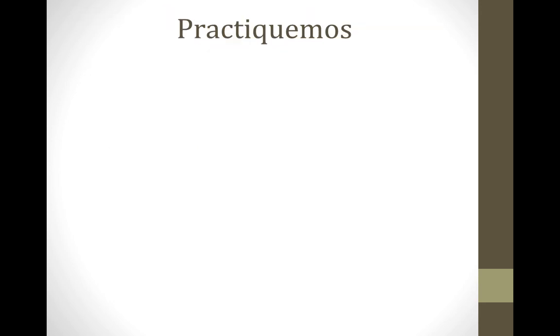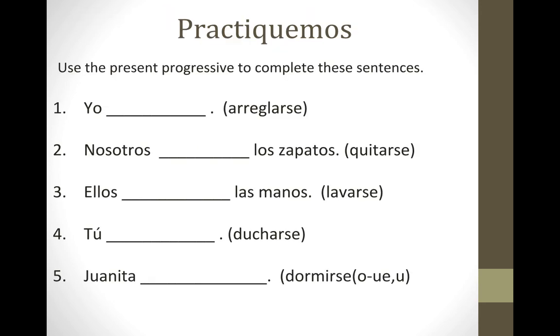Okay, let's practice. Our directions here say, use the present progressive to complete these sentences. In number 1, I'm trying to say, I am getting ready. So first let's get this se out of the way. Conjugate arreglar in the present progressive. In the yo form, that would be estoy arreglando.